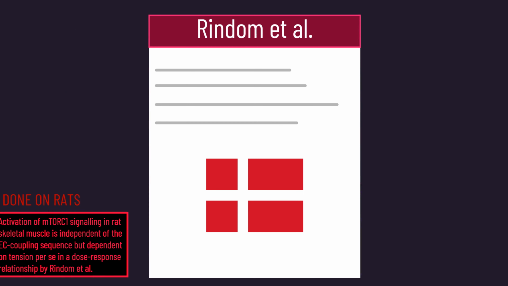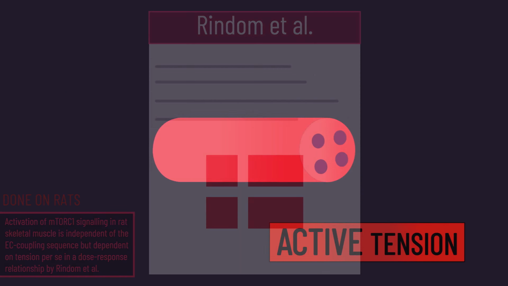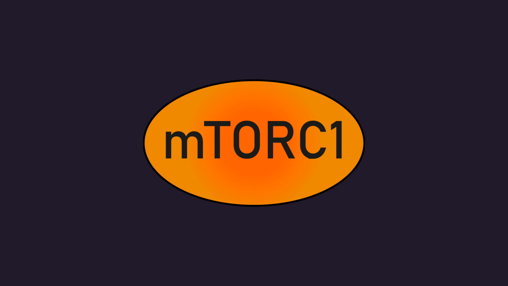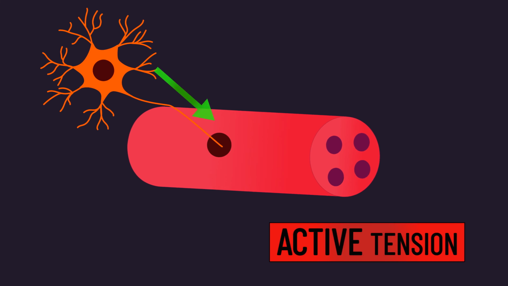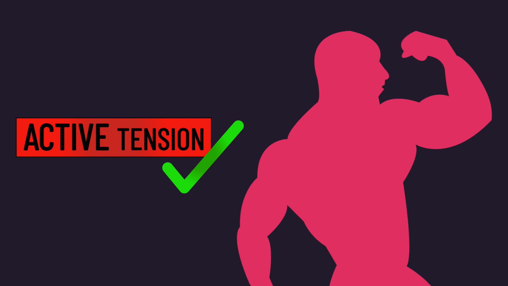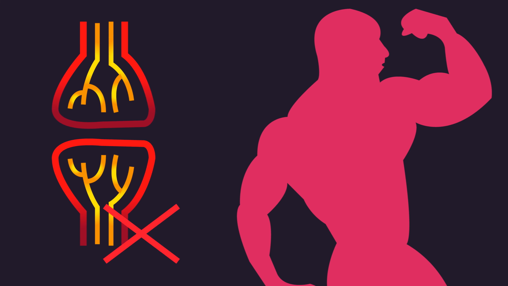A 2019 Danish study found that when inhibiting the active force generation from muscle fibers, but still allowing electrical signal input to them, activation of a key protein complex that signals muscle growth failed to occur. It was only when active force generation from muscle fibers was enabled did activation of the key protein complex happen. This suggests it is the active force from fibers that stimulates hypertrophy, not the electrical signals.